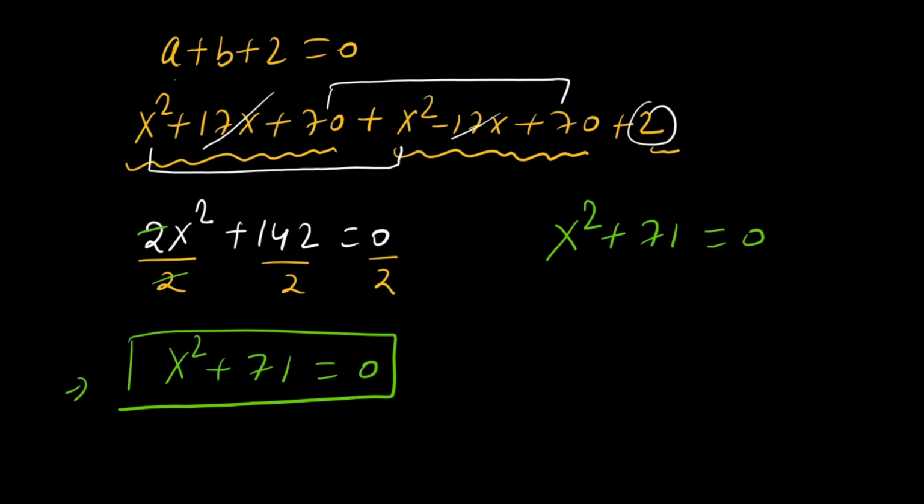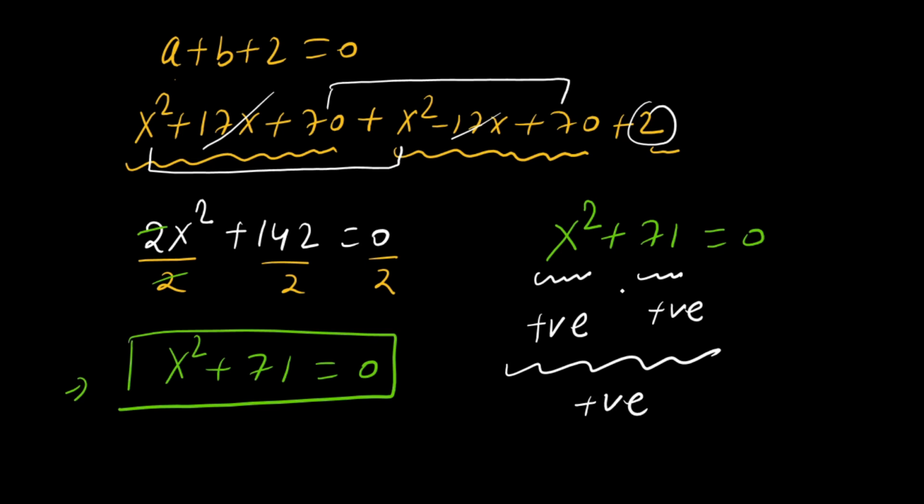Now we know that this x square is always positive and this 71 is positive. So it means the left hand side is always positive. The left hand side cannot be 0 if x belongs to real numbers. So that's why x does not belong to real numbers. So our real solution is only x equals 0.